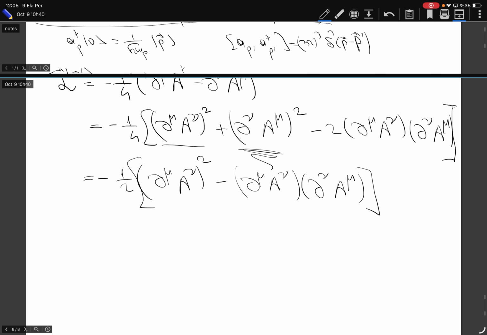Well, the first term is what we expected, if you like. The second term is kind of extra. But again, it's the derivative term, so it will also give us the dynamics of the system.